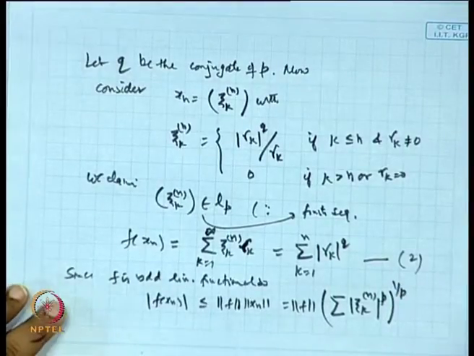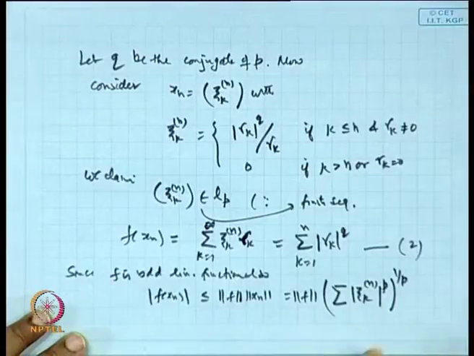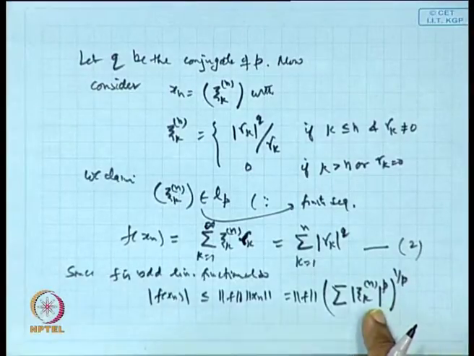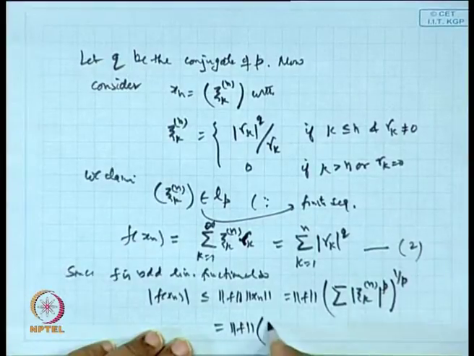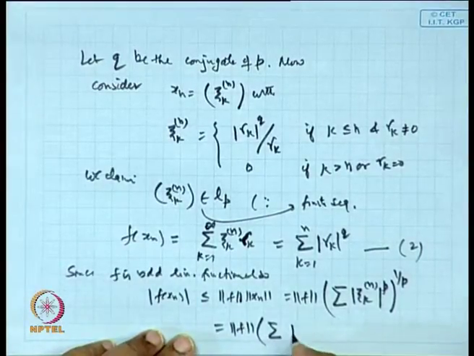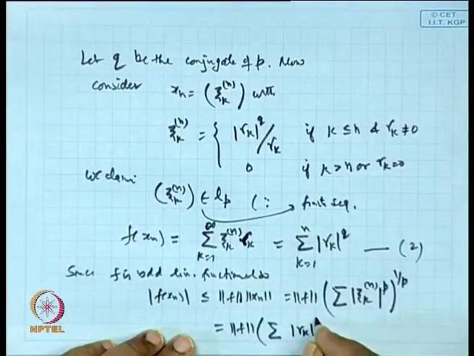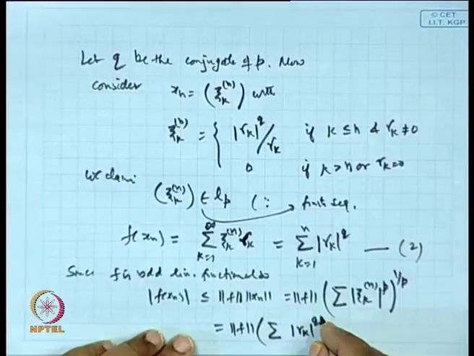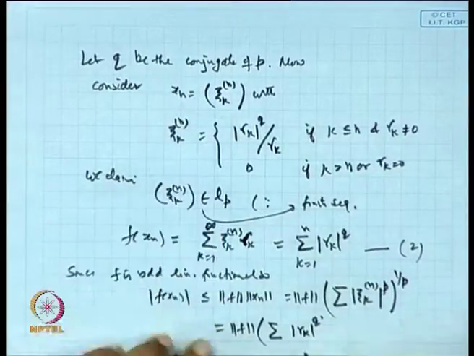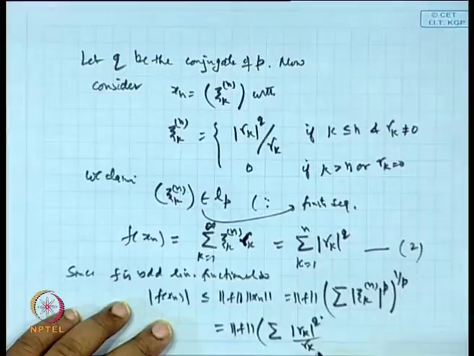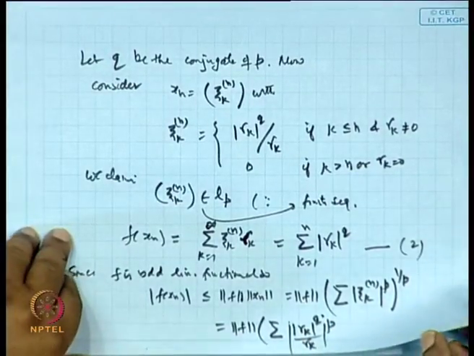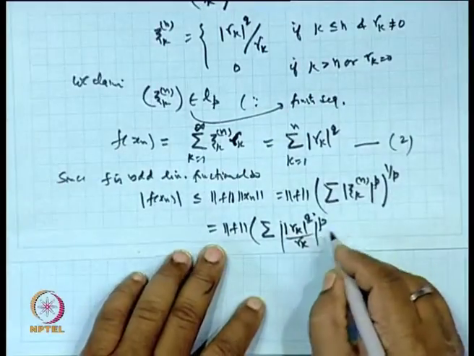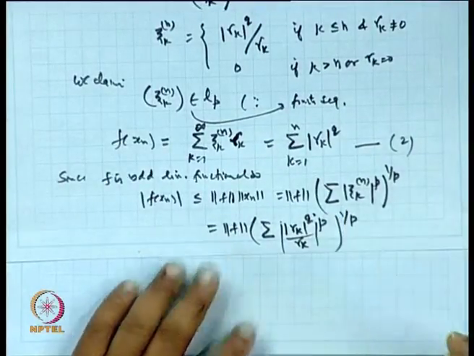But when you substitute the value of xi k n, you get norm of f times the sum of mod gamma k power q minus 1, whole power p, raised to the power 1 by p.